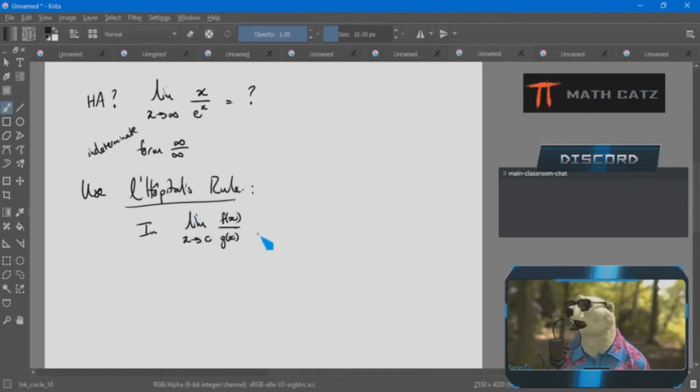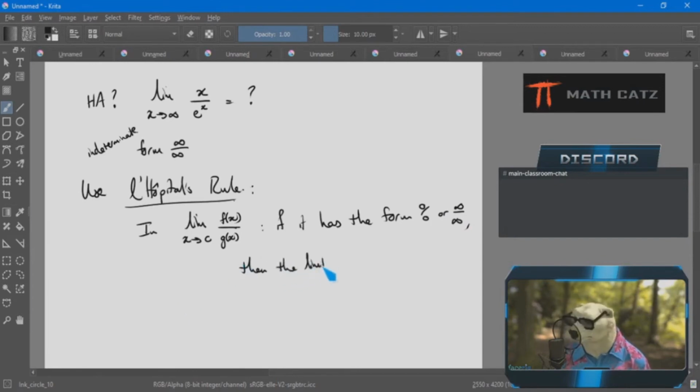If I have a limit like that, if it has the form 0 over 0 or infinity over infinity, then, let's say it like this, the limit equals the same limit, x goes to the same thing, of the ratio of the derivatives.